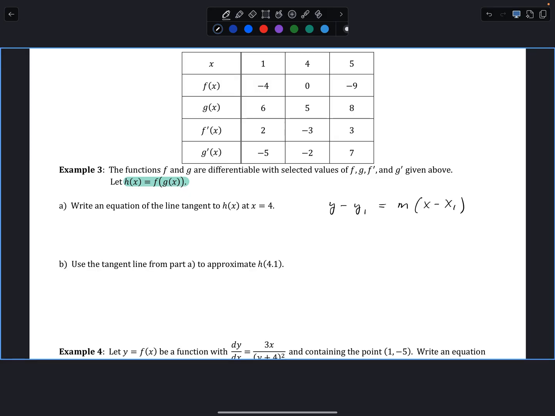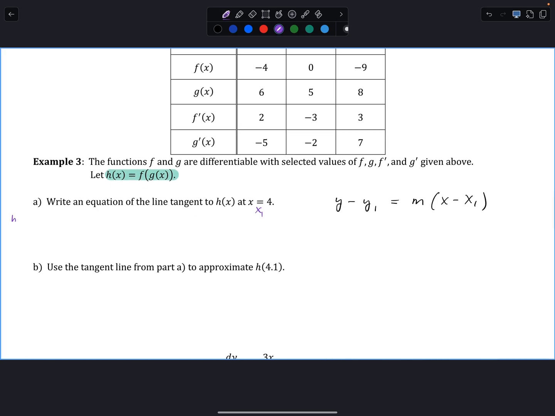So, what's x1? 4? Okay. Do I know what y1 is? So the first thing we should do is plug in 4 into h to find y1. So stay with me. H of 4 is equal to, I'm plugging in a 4 in for x. So this is going to be f of g of 4.